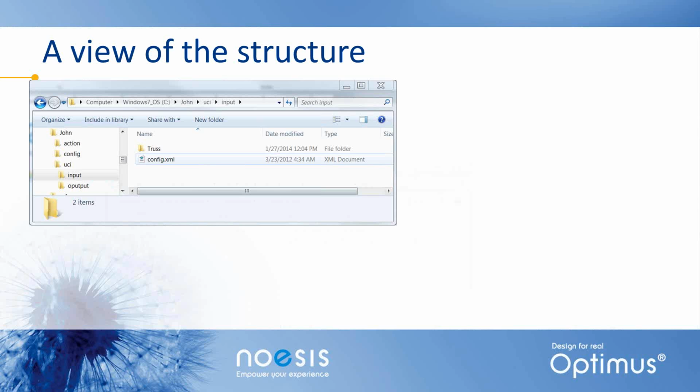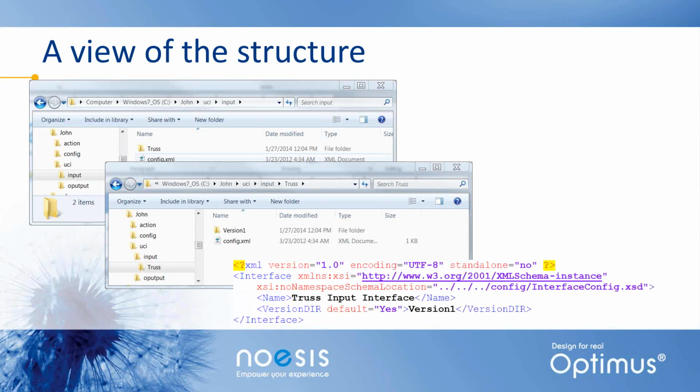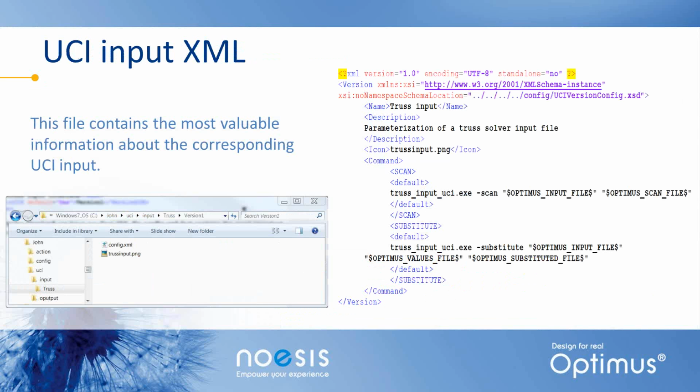And just having a view of the structure now, inside the truss again, we have the possibility to describe different versions of our UCI, and we can define the default version. And once we enter, again at this level, the final level contains the most important information corresponding to the UCI.